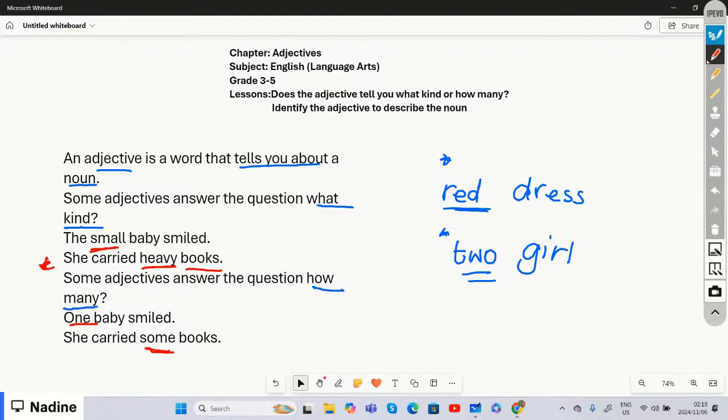Right? So once again, before we even go to A plus students.ca, we said adjectives are a word that describes the noun or tells us about the noun, or we can say it modifies the noun, right? But it tells us about the noun. And we can usually ask ourselves questions like what kind, or we can ask questions like how many.